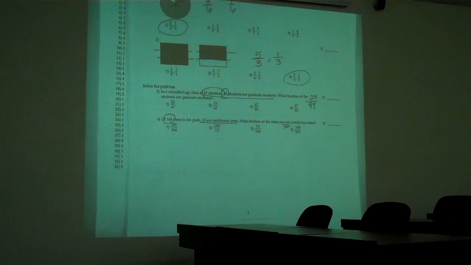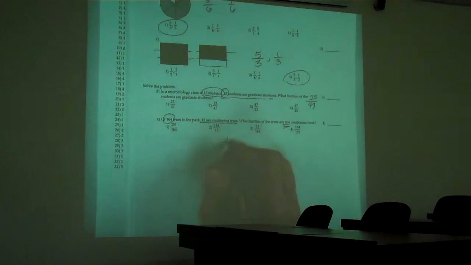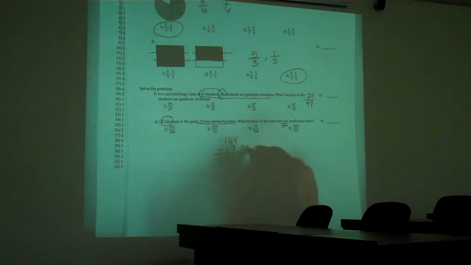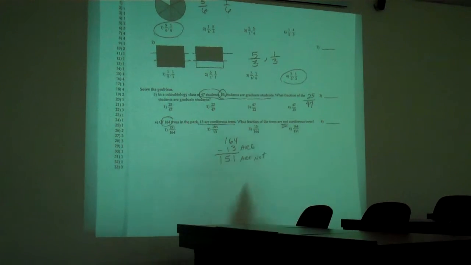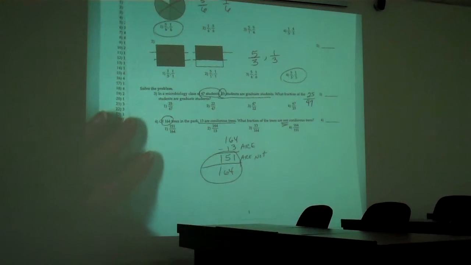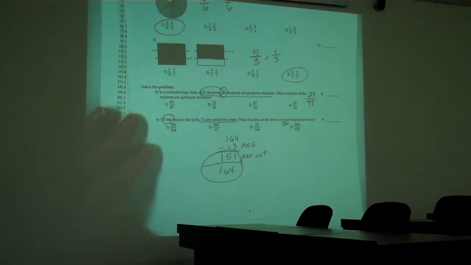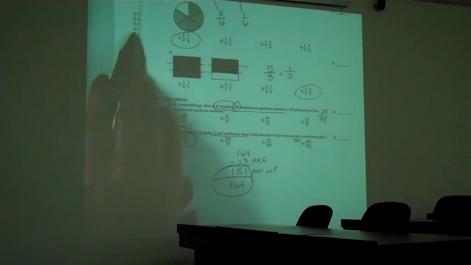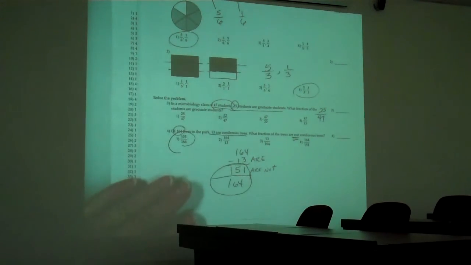So it didn't give you the number that are not. 164 minus 13, 151 are not. This many are, so this many are not. So it's 151 out of the total 164. That would be number 1. If you look on the answers, number 4 is 1.